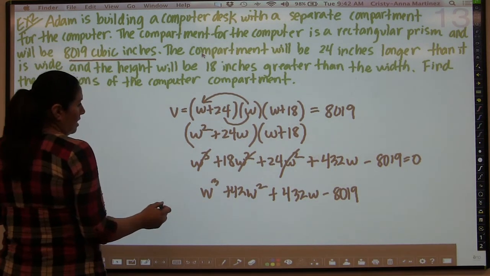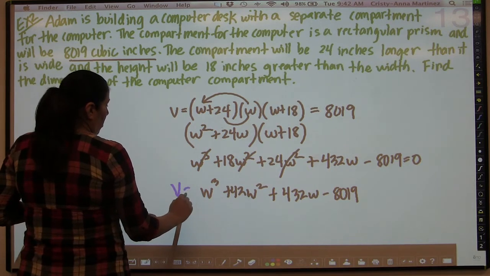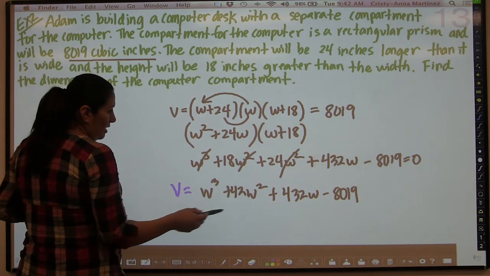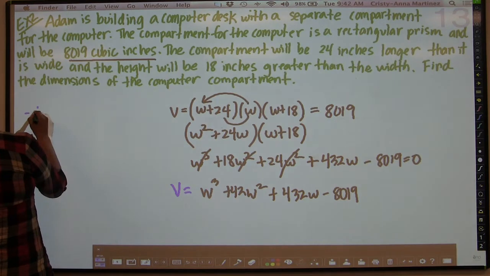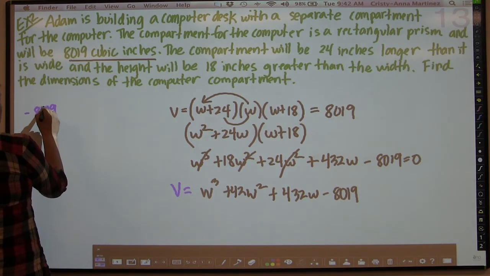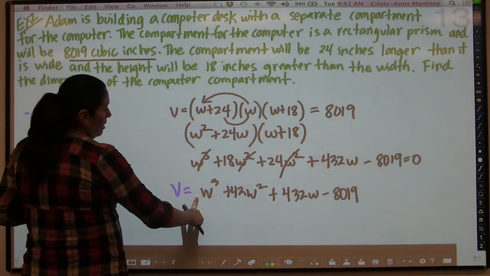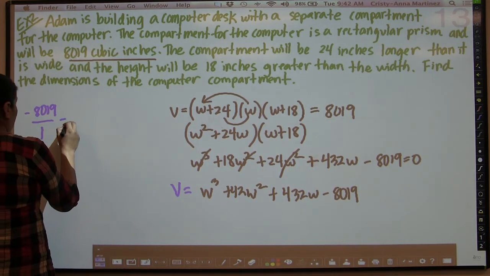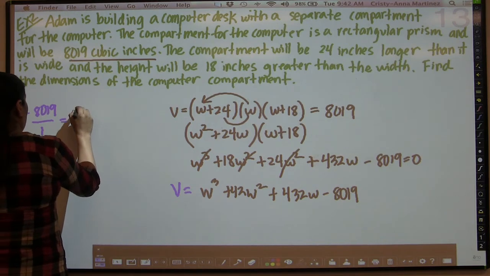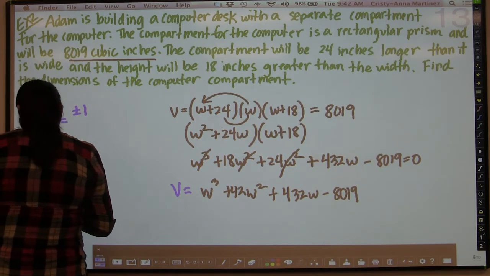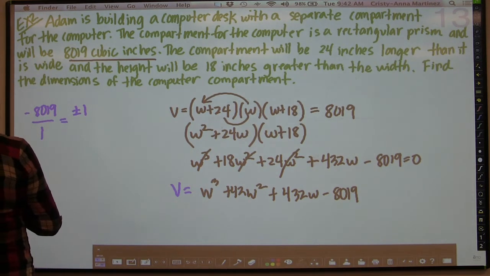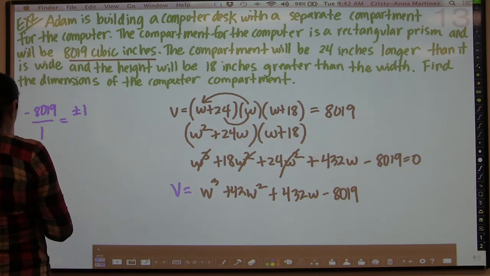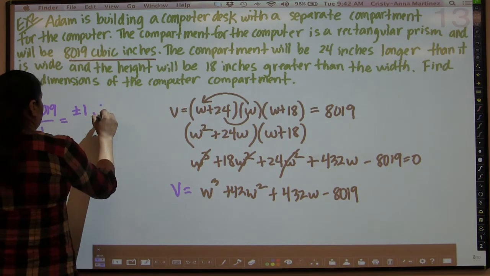Again, good news is that in our volume equation, the factors that we need, the P is 8019, but Q is 1. So we're just going to divide everything by 1. So just to kind of make our life easier, we're just going to go ahead and write all of the factors of 8019. That is going to be crazy. So I'm going to start by dividing it.